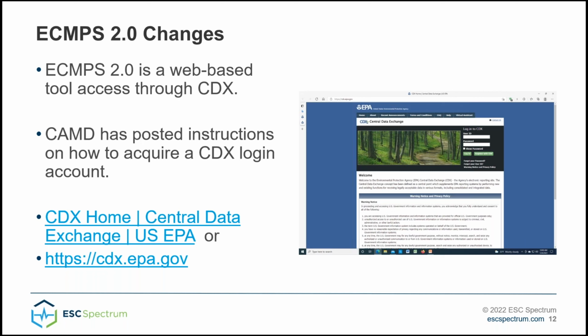Now let me back up here and say that if you already have a username and a password for the CDX system, that's fine, but you need a separate one for the beta testing area. So if you already use the CDX, you would have two separate usernames and passwords, one for the actual official submittal that you've been doing, and then one for the beta testing, and only the beta testing.